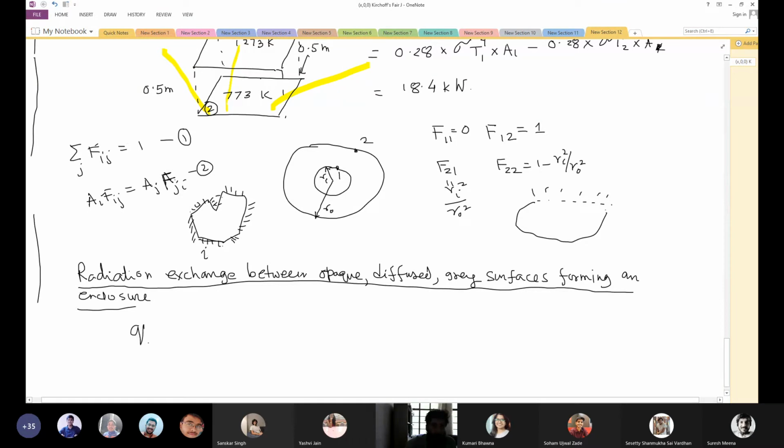Qi is denoted as the net amount of energy leaving surface i.